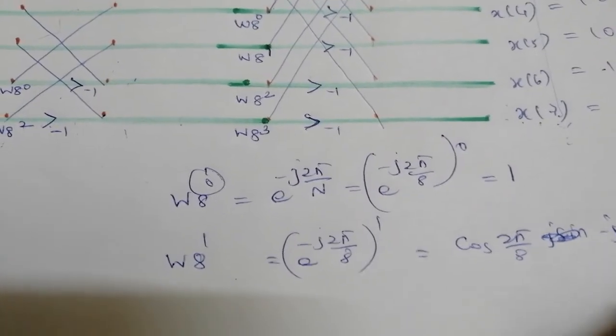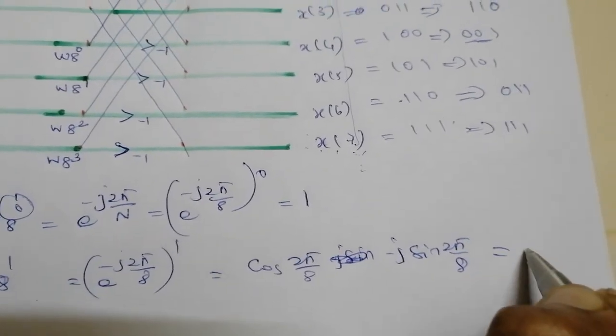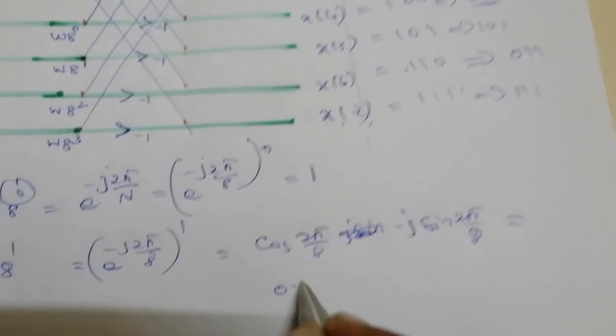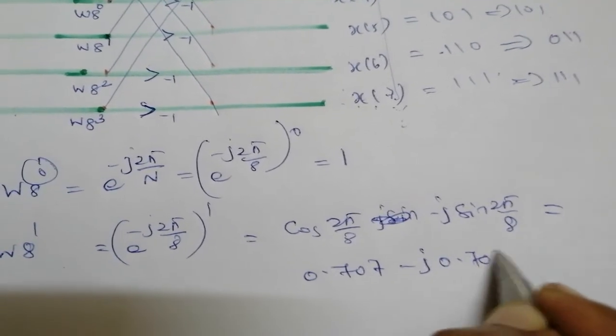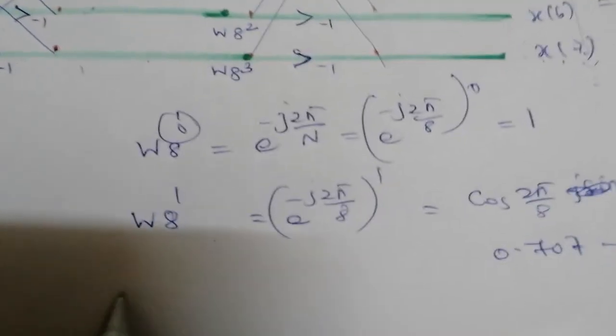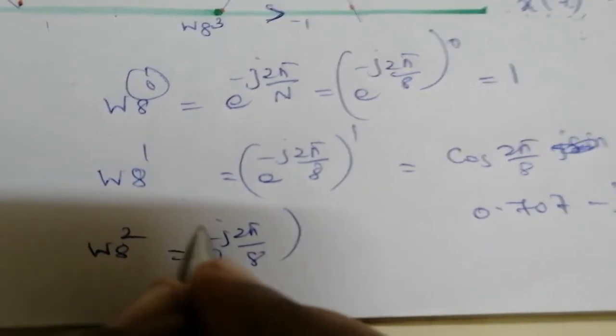Which is nothing but, the value of cos 2 pi by 8 is 0.707, minus j 0.707. Likewise W8 power 2: e power minus j 2 pi by 8 power 2.